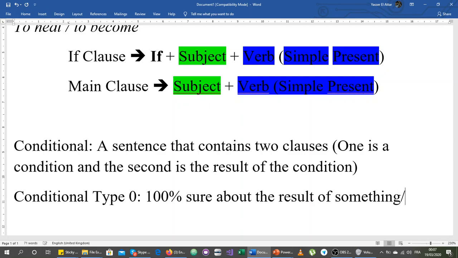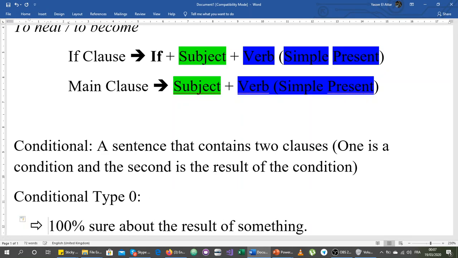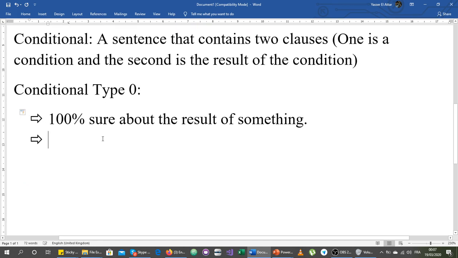There is no way that one day we heat ice and it doesn't become water. So this is what we call general facts.